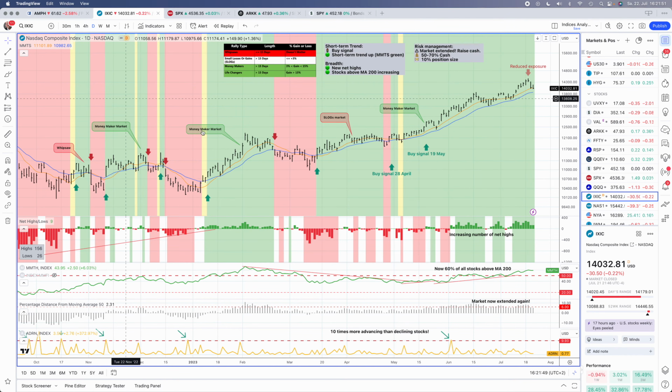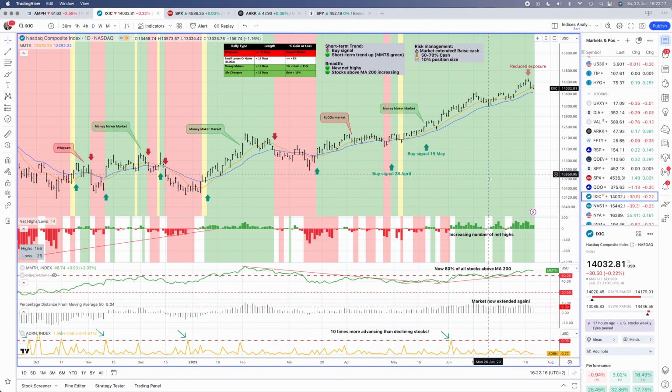So this is the screen the members and I look at every week, every Wednesday with a midweek update report, and at the weekend with a weekend report. And we have the trend in the background. So a green trend, of course, means we are able to buy signals. We look at the net highs and lows to confirm the uptrend we see in the market.